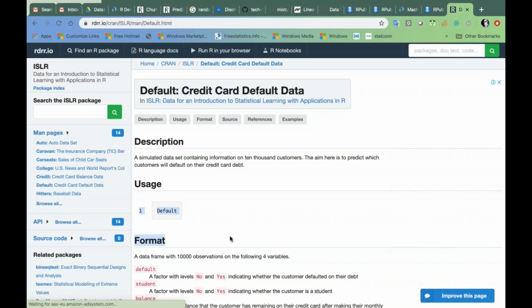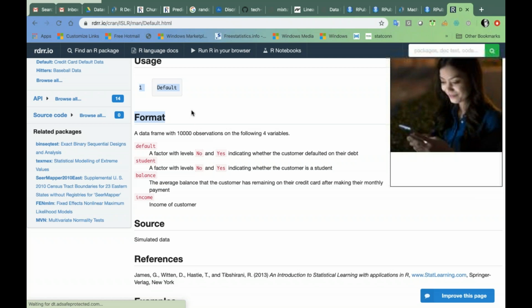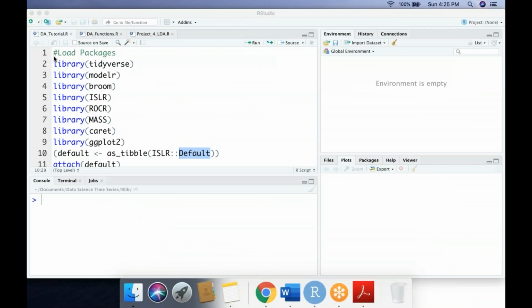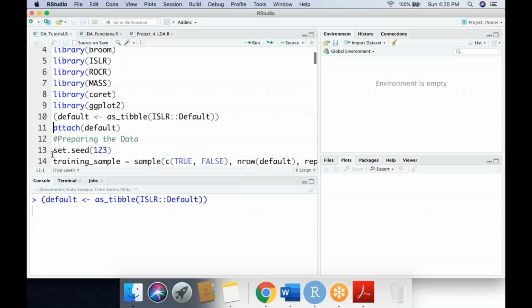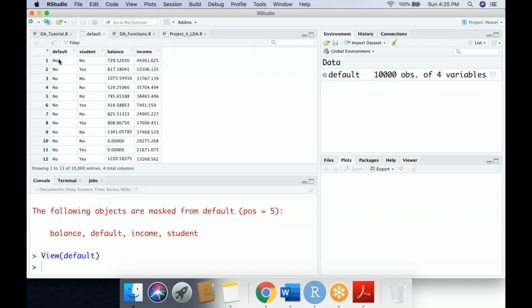So this is a description of the data which we are going to use. The data name is default. It has basically 4 variables. One is the response variable, that is defaulter or not. Then whether the person is a student or not. Then what the balance is, and a numerical variable, the income.